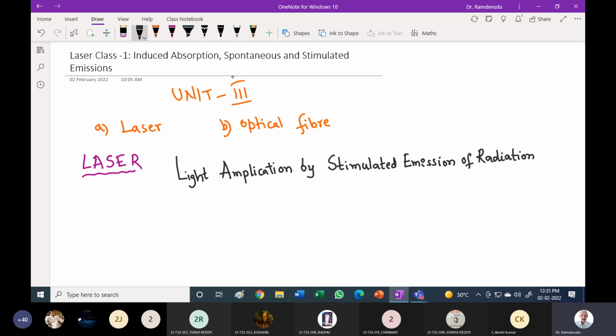This is a very important one, you have to remember it. Light amplification by stimulated emission of radiation is the full form of the acronym laser.